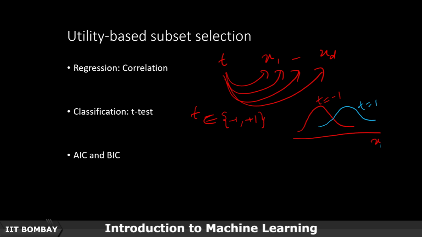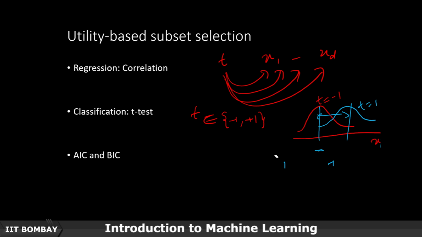We will take the mean: for some variable x, whenever t is 1 I take its mean, and then I take all x's when t is -1 and take their mean. I will take the difference of the two, which tells me how far apart these two are. Let us just call them mu1 and mu -1.